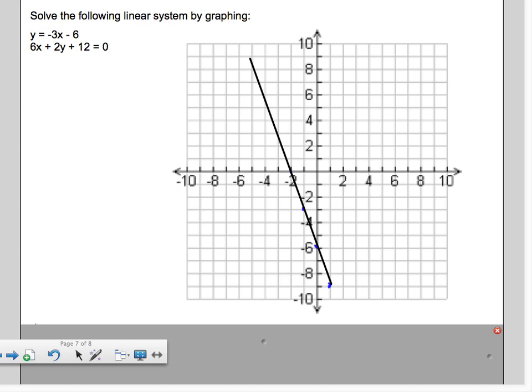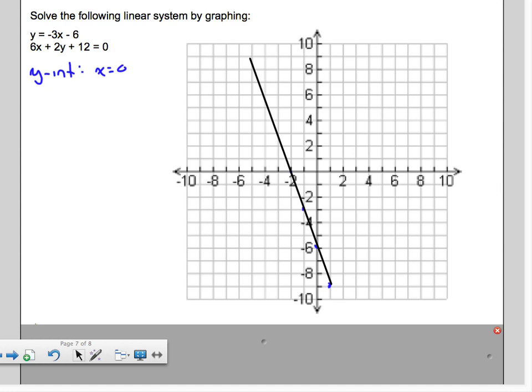So I'm going to do the same thing on this side. I'm going to isolate for y. Actually, you know what? This one I'm going to do the x-intercept, y-intercept. So for the y-intercept, that means x equals 0. It doesn't matter how you graph it.